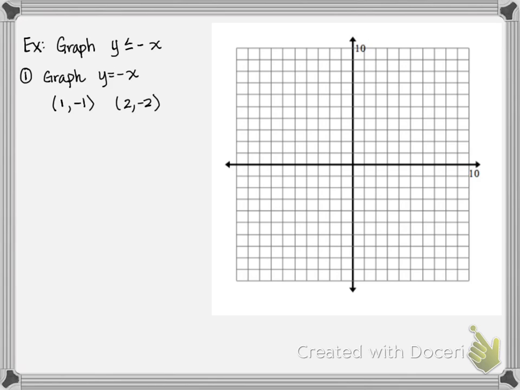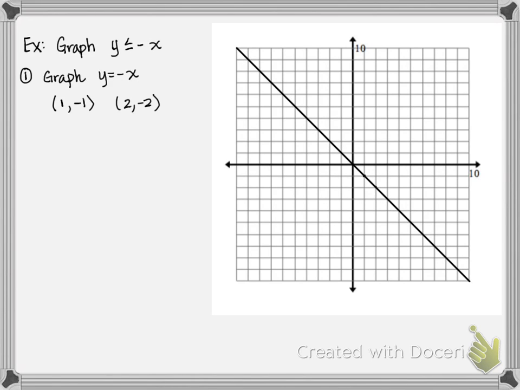Sometimes it's easier to think of it in those terms than to get really mathematical and calculate things, because some of these are deceptively simple, right? They end up just tripping us up. So 1, -1 is right here. 2, -2 is right here. And that gives us this line.